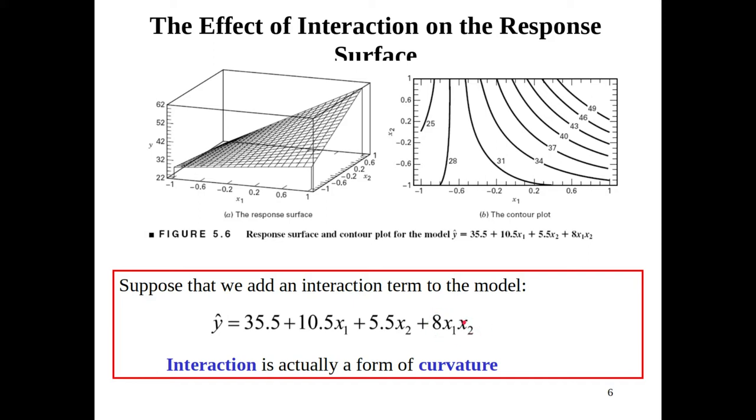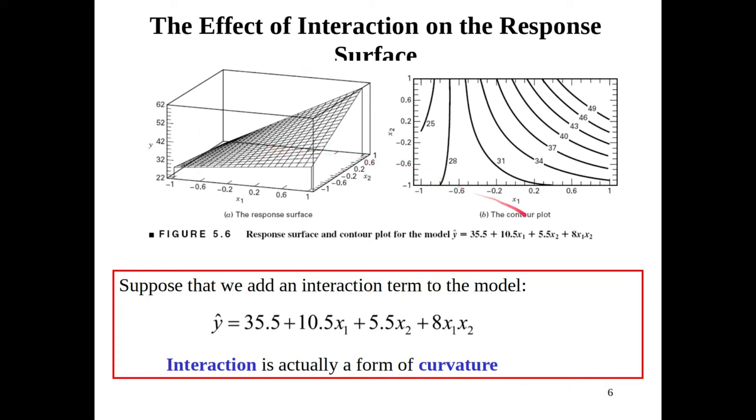And look what that does to the response surface curve. Because of this interaction, now the response surface is twisted, it's not flat anymore, right? So that's an indication of curvature. The curvature is an indication of interaction.